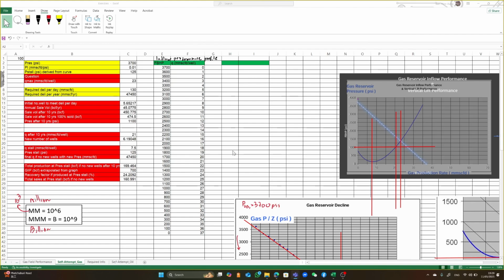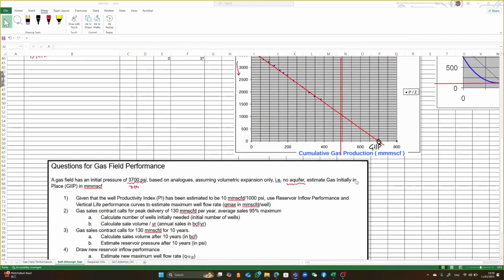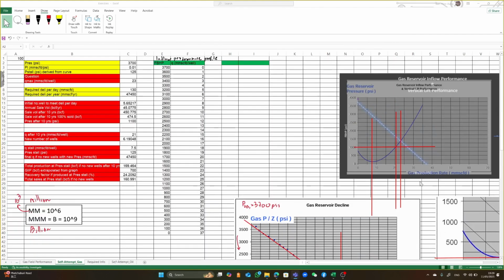So what we were talking about was that we estimated the production profile from the maximum flow rate and the minimum flow rate, and we got the range already.